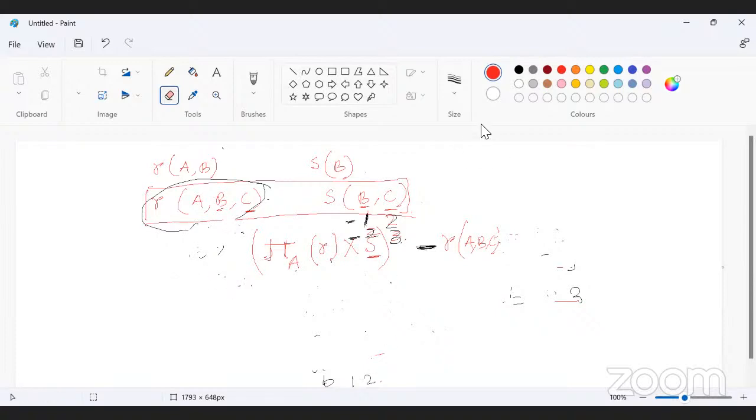So only this expression is there. B12. Okay. So after this final whole expression, you have to select whichever attribute is not present in S from the whole expression. That is, you tell me what is the attribute that is not present in S. You have to select from this whole expression.